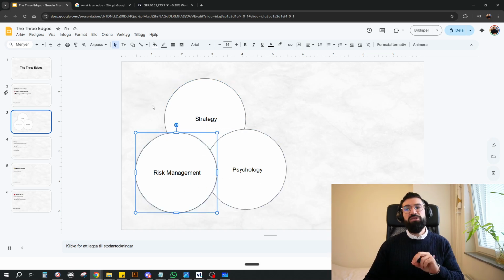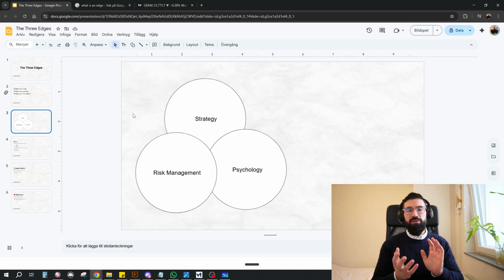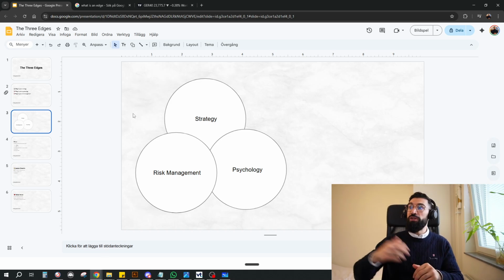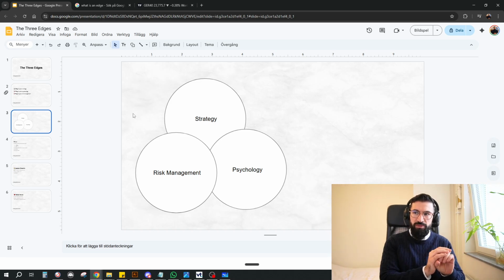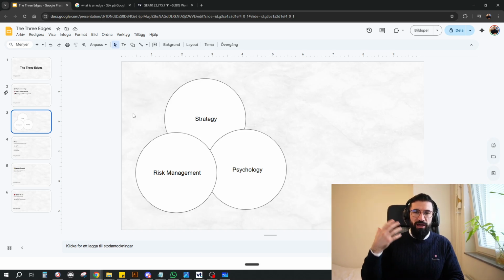There's an edge in risk management. Do you have a system inside of your risk management based on how you stop the bleeding, how you cut the losses, how you navigate your equity curve so your equity curve would not drop too much and you eventually blow the account? Do you have an edge there in your risk management? And do you have an edge in your psychology? We are humans, and we love routines.